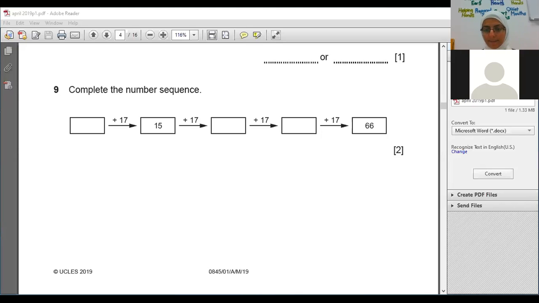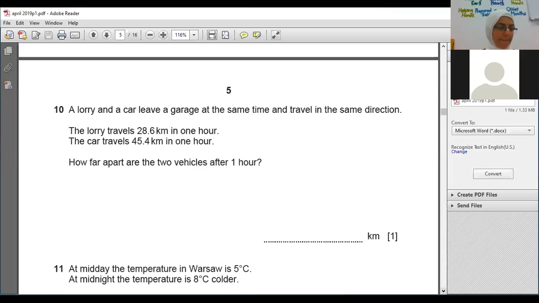Okay, guys. Here, I want to open this question. It's very important. A lorry and a car leave a garage at the same time and travel in the same direction. The lorry travels 28.6 kilometers in 1 hour. The car travels 45.4 kilometers in 1 hour. How far apart are the two vehicles after 1 hour?